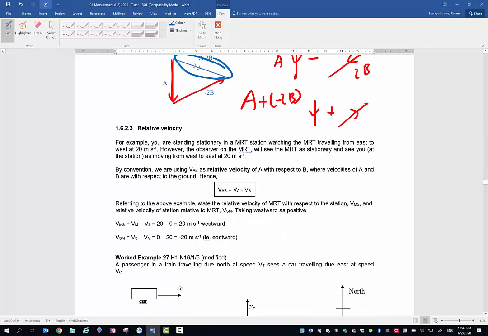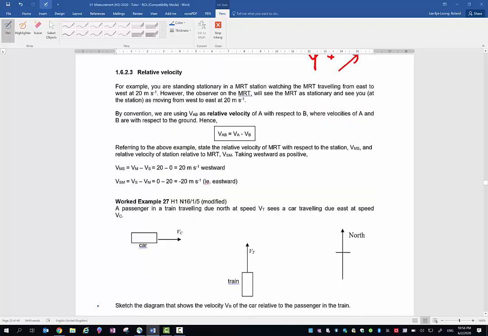This concept is new recently. It's a thing about relative velocity. In terms of relative velocity, you can look at this example. If you're standing stationary in the MRT train, watching the MRT traveling east to west.